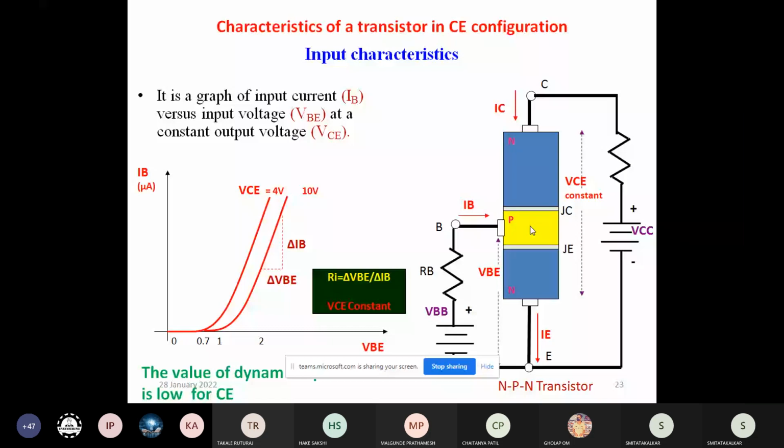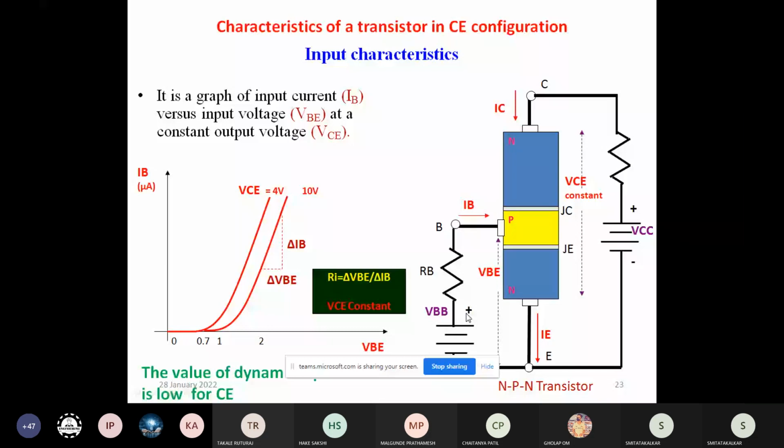That's why Ri is equal to delta VBE, the rate of change of the base-emitter voltage. It is the ratio of the rate of change of input base-emitter voltage to the input base current.